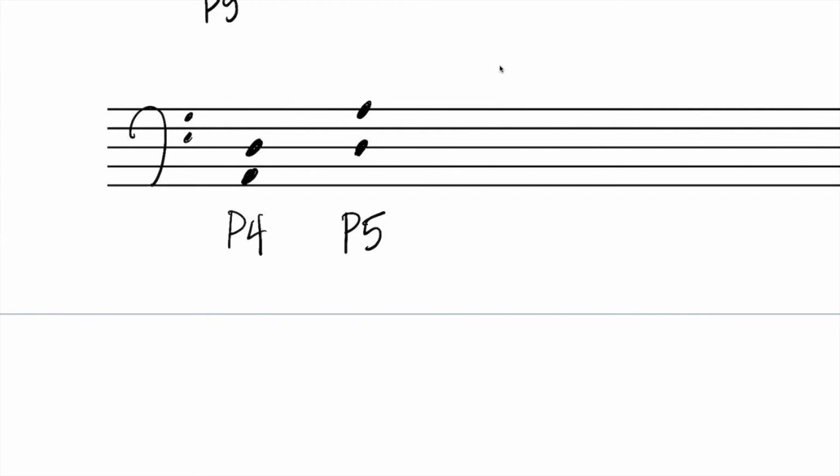Why would that be a perfect fifth? Because A is scale degree 5 in the D major scale. So the takeaway here is that any perfect interval inverts to another perfect interval, and fourths invert to fifths, and fifths invert to fourths. So that's another great way to use interval inversion when working with fourths and fifths.